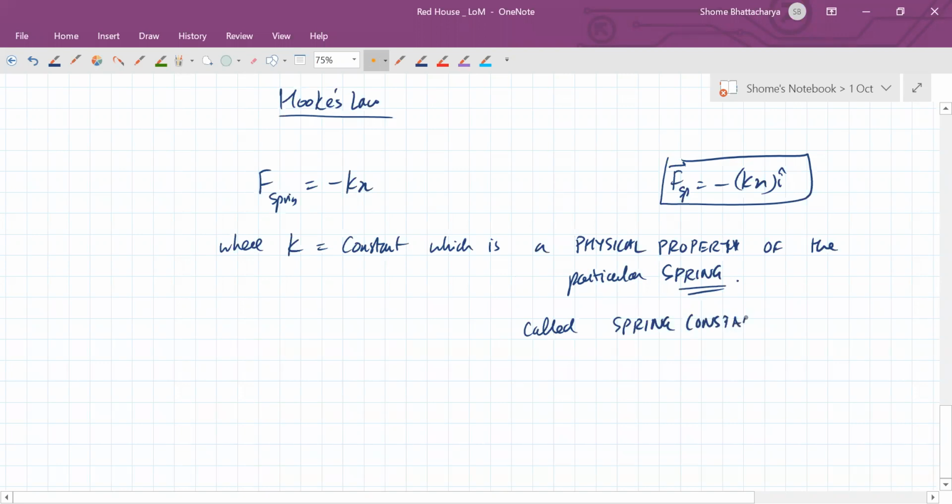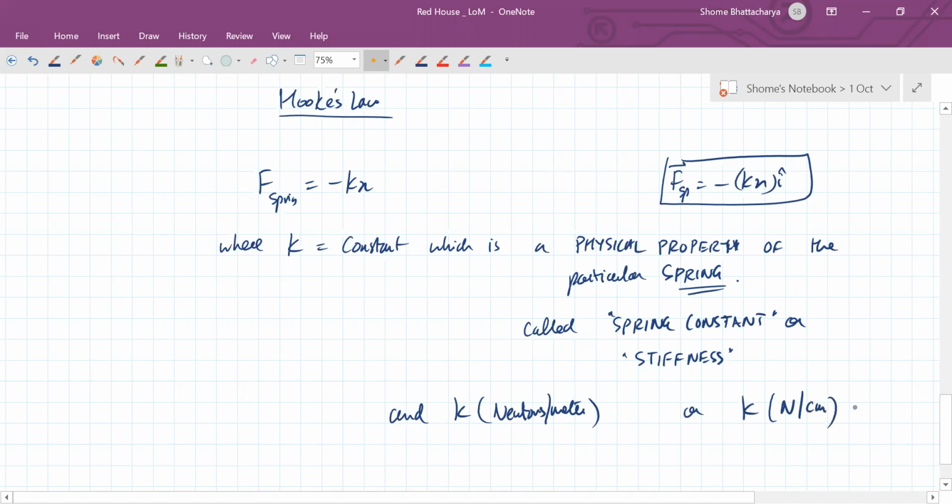It's the spring constant of that particular spring, or sometimes we also call it the stiffness of the spring. k is measured in newtons per meter. But a more common unit is newtons per centimeter, which is a hybrid unit. It is neither CGS nor SI.